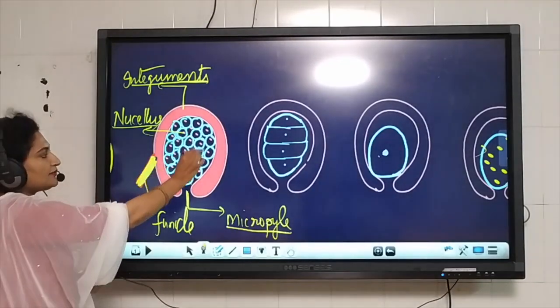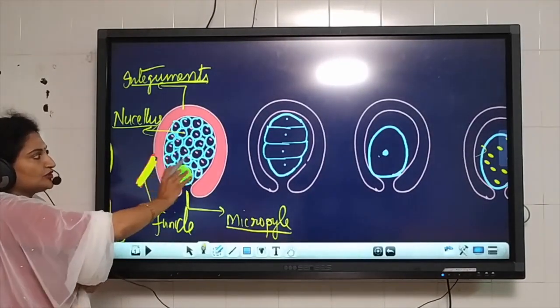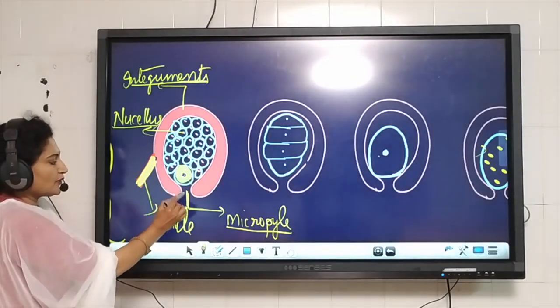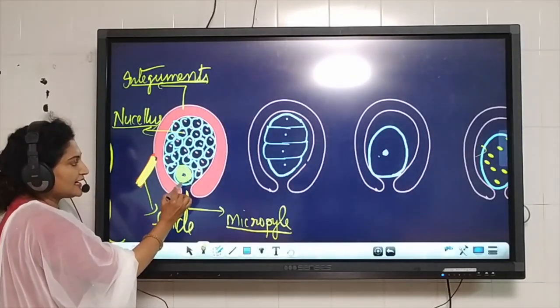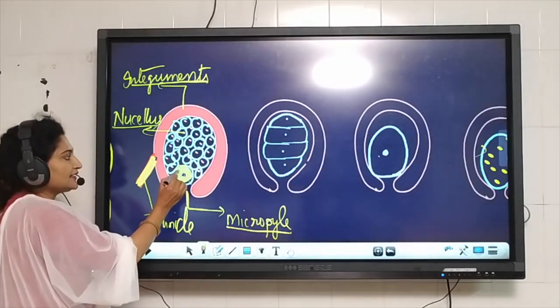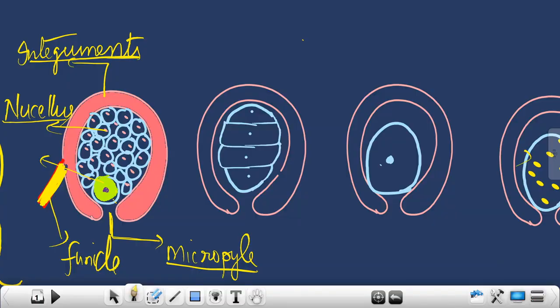Now, did you notice among all the cells are uniform sized, but one cell which is at the micropylar end, I've highlighted in green color, is rich in cytoplasm with a prominent nucleus. This nuclear cell serves as the megaspore mother cell.